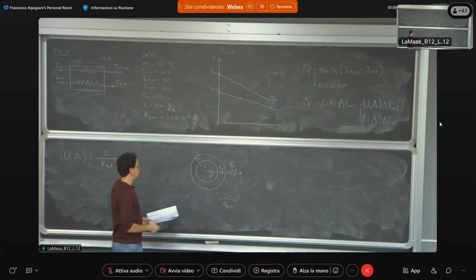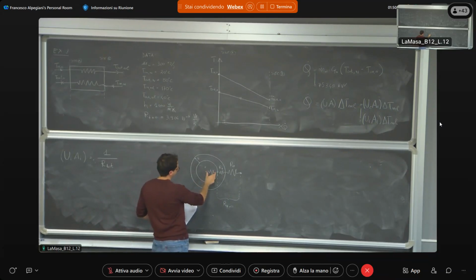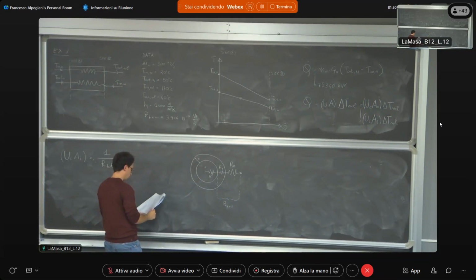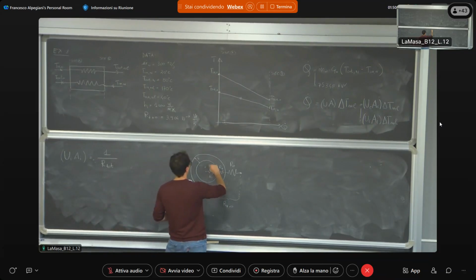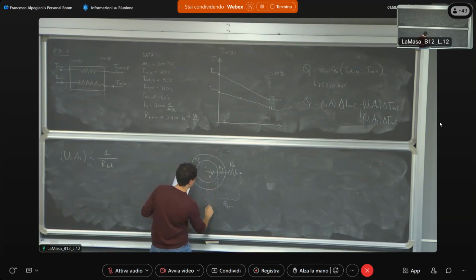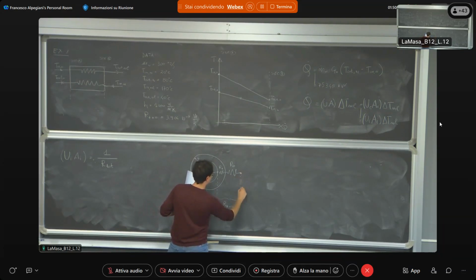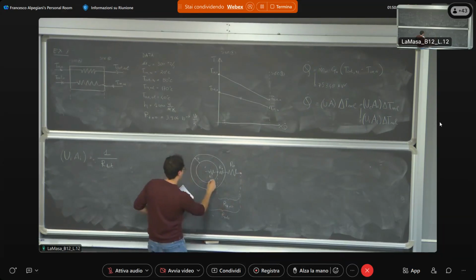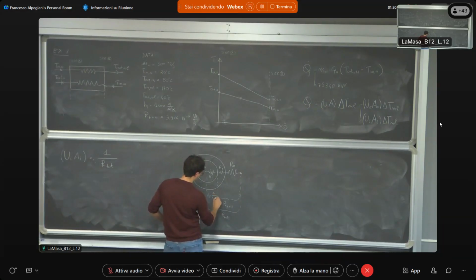While in this case, the resistance associated to the convective resistance between the water and the internal side of the tubes is equal to Ri, and is equal, from theory, to 1 divided by hi times Ai.